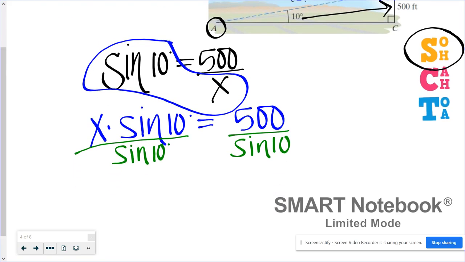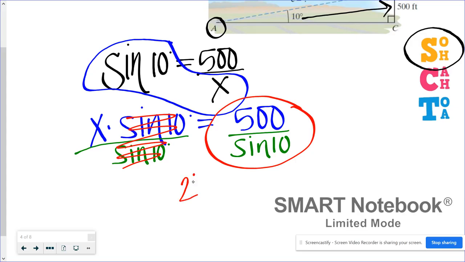And once x is all by itself, then I'm ready to calculate. So on my calculator, I'll type in 500 divided by sine of 10 degrees, and I get 2,879.4 feet. And so that's the distance the plane has traveled.